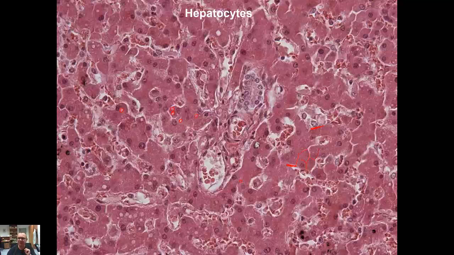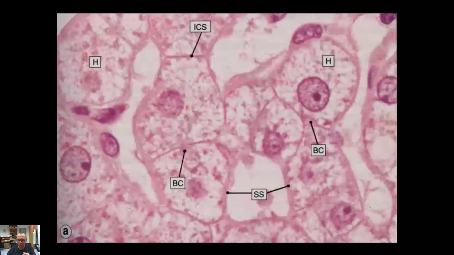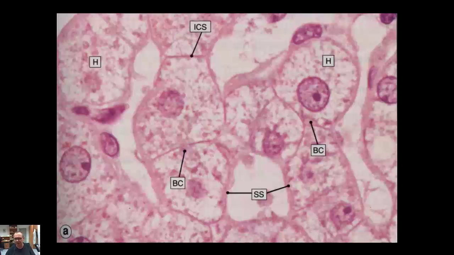Let's look at the fine structure of hepatocytes. If you look at high magnification under the light microscope, you can see that the cytoplasm isn't so homogeneous as it was in the smaller magnification. We can see eosinophilic grains representing individual mitochondria.